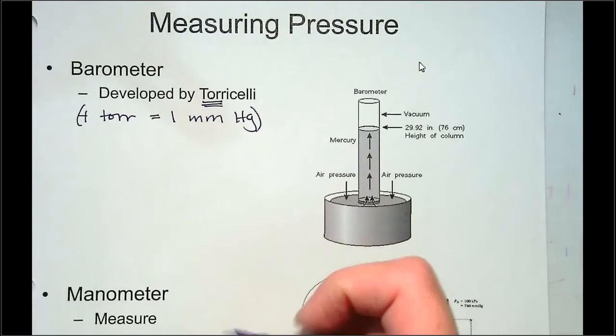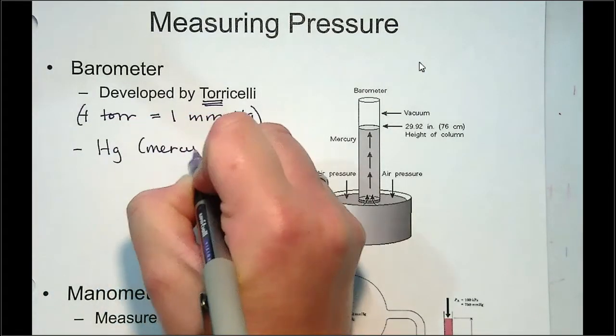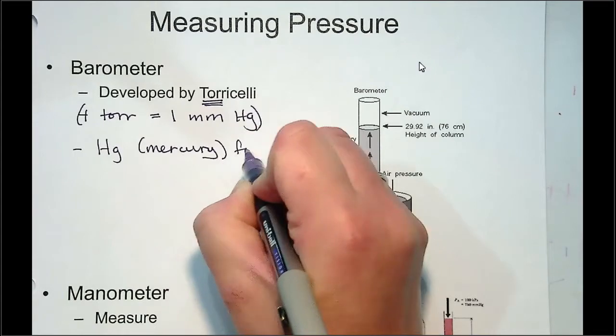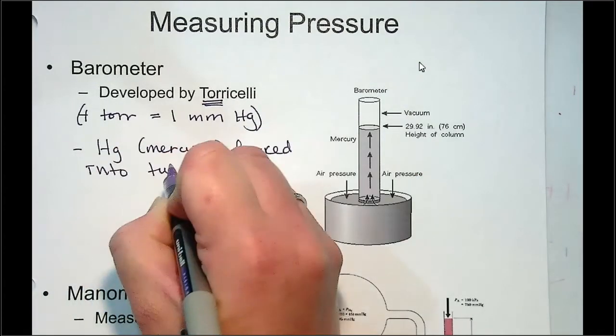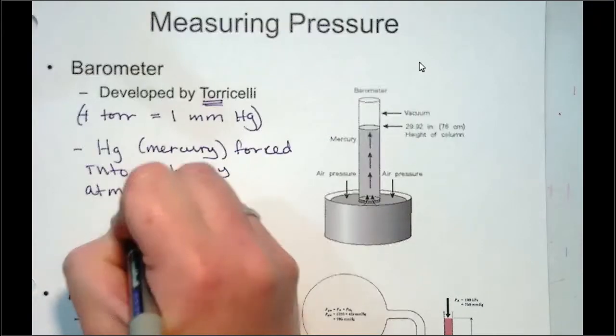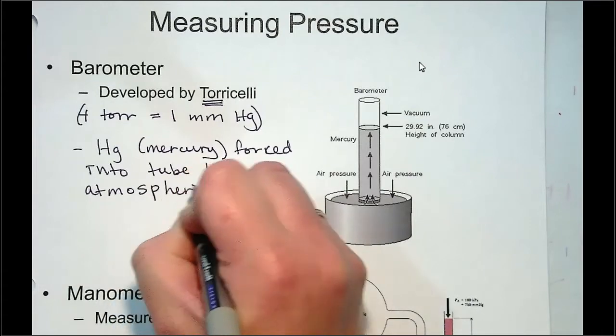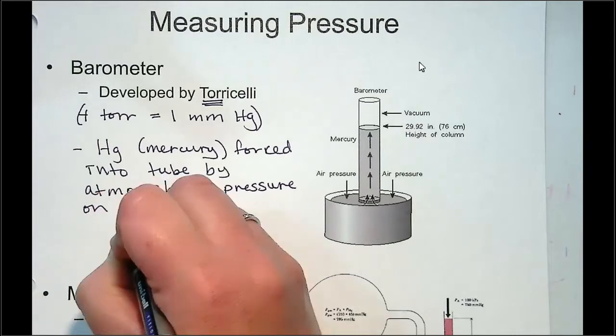Okay? So you have mercury, or Hg, forced into a tube by atmospheric pressure on the surface of the mercury.